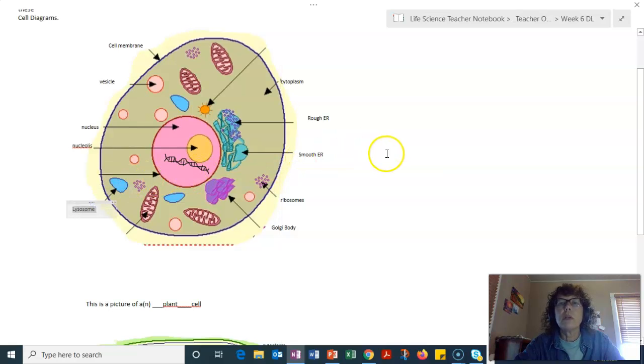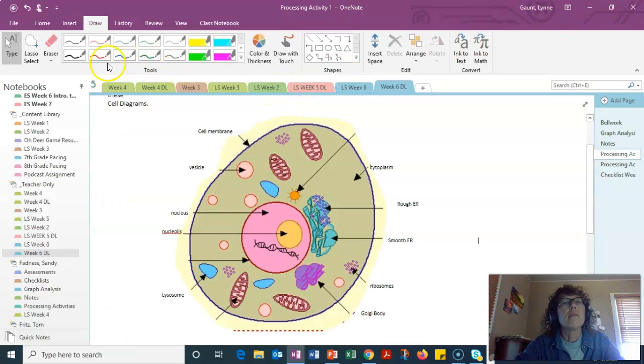And I would love for you to go get your draw tool one more time. Click on your pen, and let's put some dots in here to represent the trash that our lysosome is collecting. Trash could be old organelles that have stopped functioning and are just floating around in the cytoplasm and need to get out of the way.